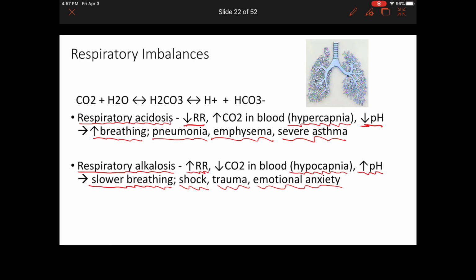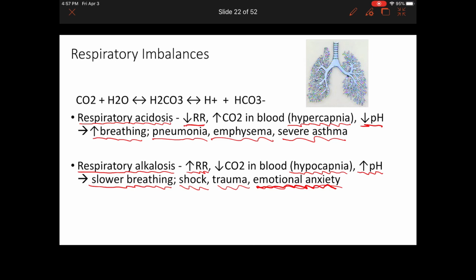So between these two respiratory conditions, respiratory acidosis is more common, whereas respiratory alkalosis is not as common. And in fact, if somebody is having some emotional anxiety where they are breathing faster because of something that is maybe very upsetting, one of the treatments to help that person is to give them a paper bag to breathe into.